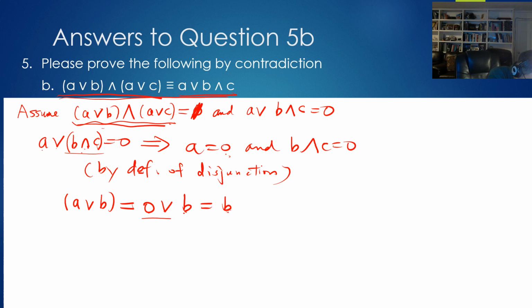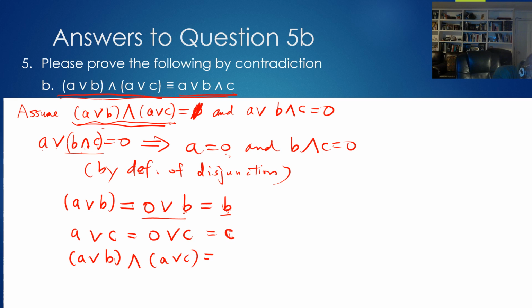So this one has the same value as B. Same thing with A or C, right? It's 0 or C, so it's the same as C. So that basically means A or B and A or C is the same as B and C, right?